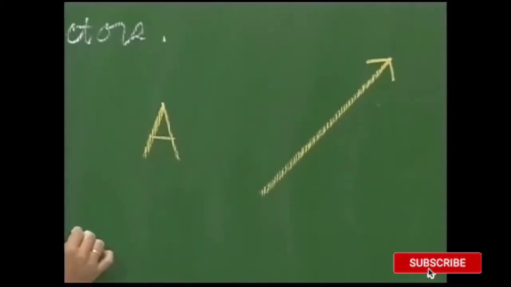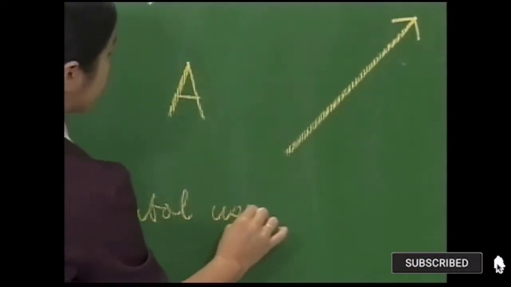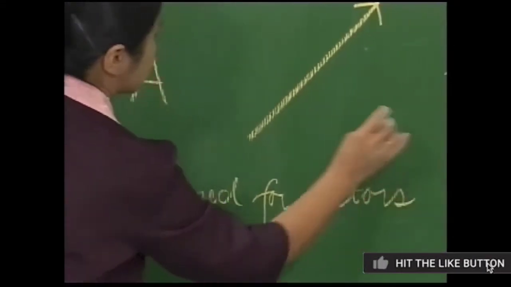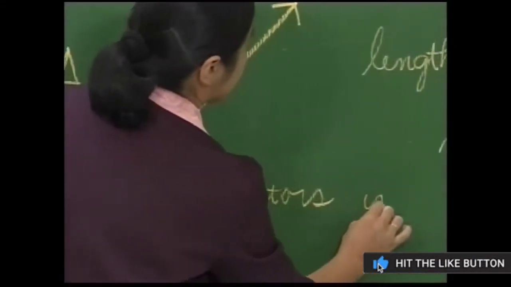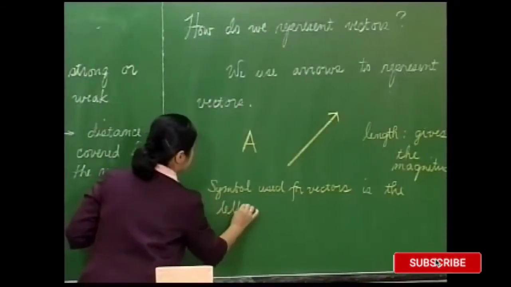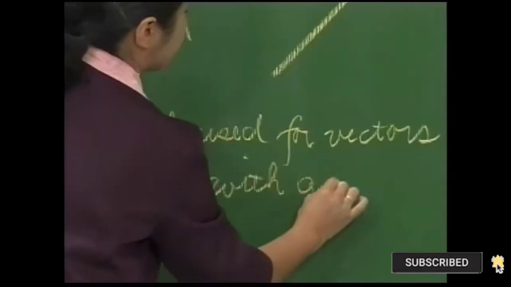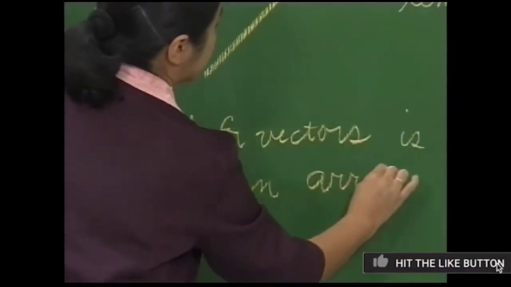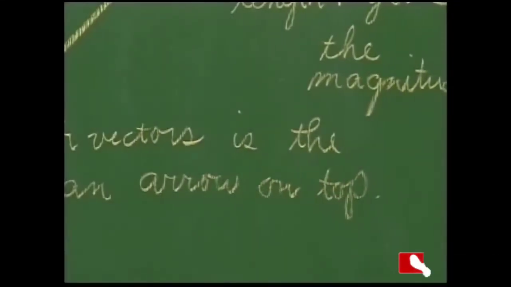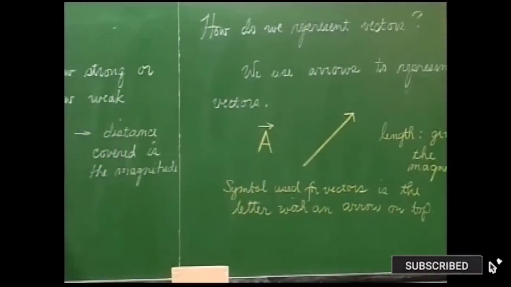The symbol used for vectors is the letter with an arrow on top. So here is my small arrow.